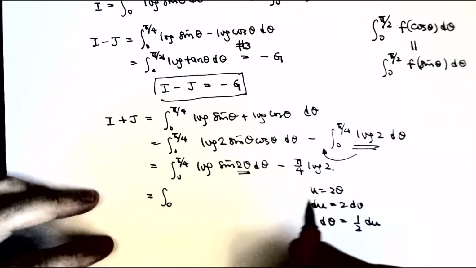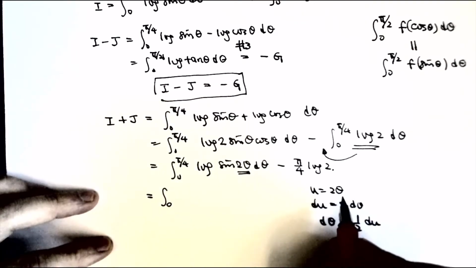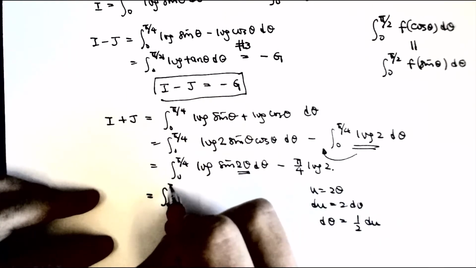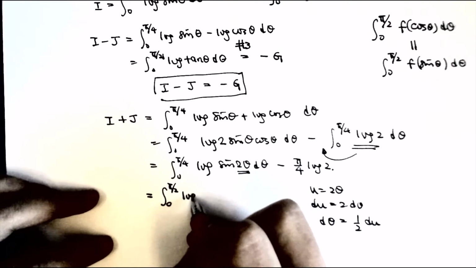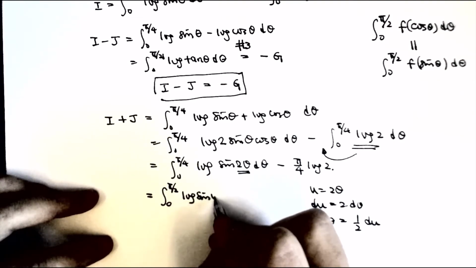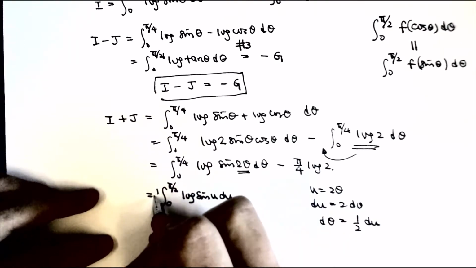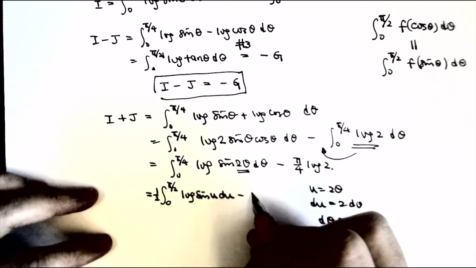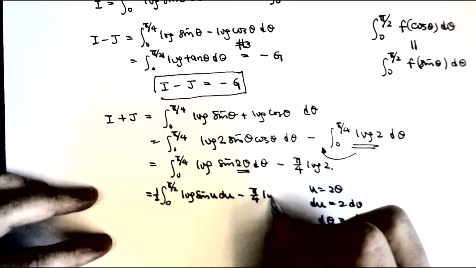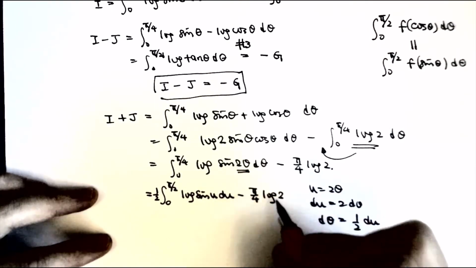When theta is 0, u will become 0. When theta is pi over 4, u will become pi over 2. Here is the integral of log of sine u du, but we have to halve it, and then minus pi over 4 log 2.